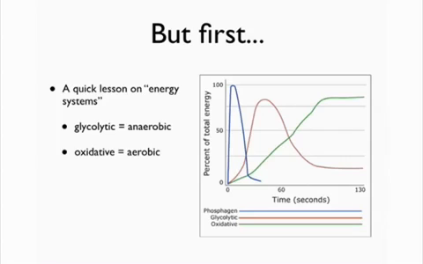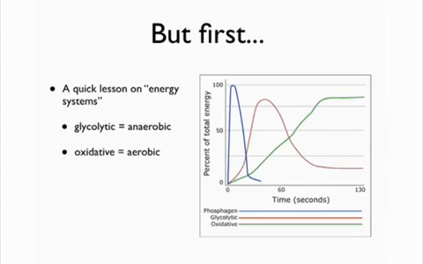And it's this anaerobic or glycolytic system that produces lactic acid as a result of switching to that energy system. The reason we switch to this energy system is because our bodies are not able to produce enough energy at that current intensity. So basically we have to switch energy systems. Anaerobic means we're not getting enough oxygen.